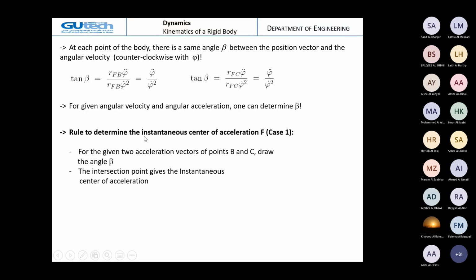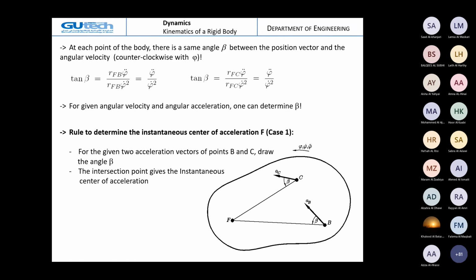Now, the rule to determine the instantaneous center of acceleration F, case 1: for the two given acceleration vectors of points B and C, draw the angle beta. The intersection point gives the instantaneous center of acceleration.